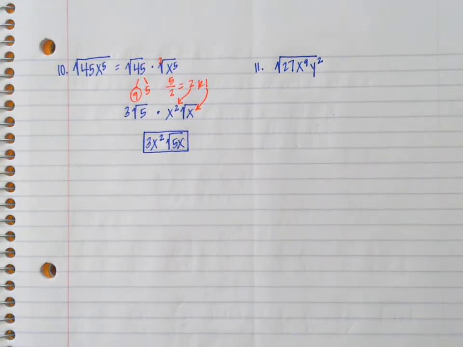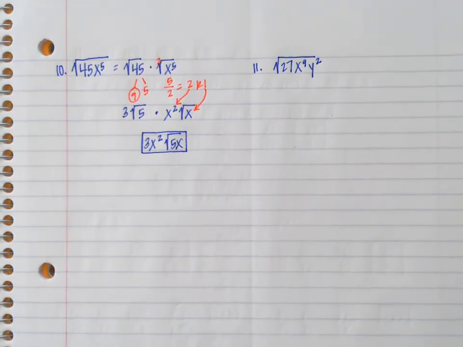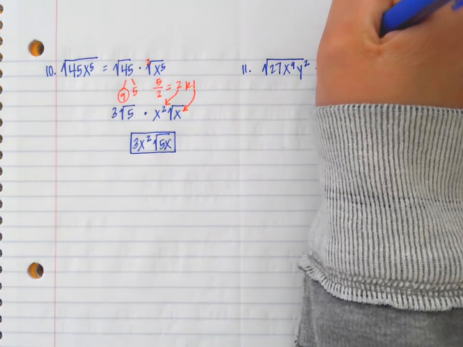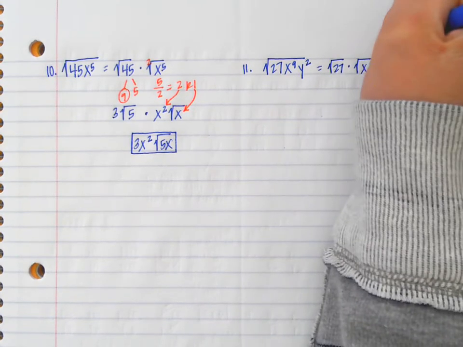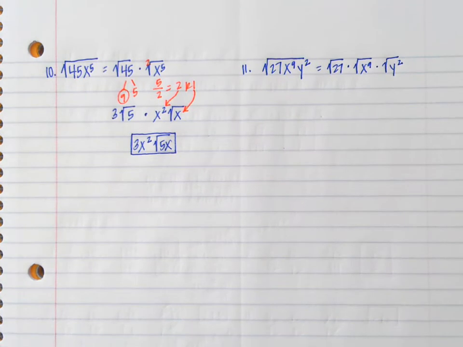Now there's an extra variable in there. It doesn't mean anything different. All it means is we're going to look at it in 3 parts. What's the square root of 27? What's the square root of x to the 9th? What's the square root of y squared?